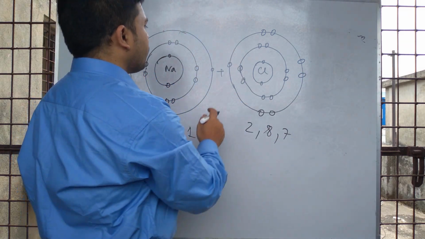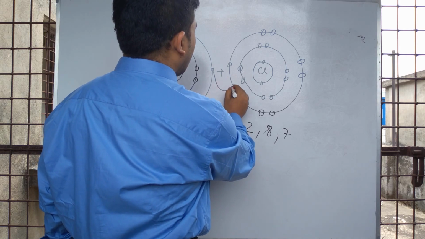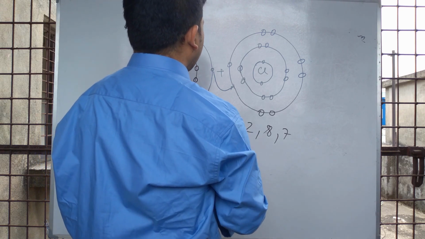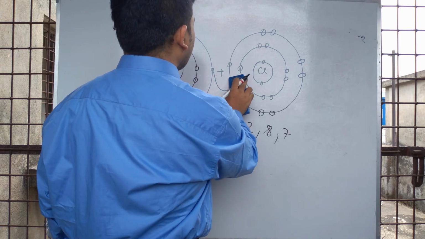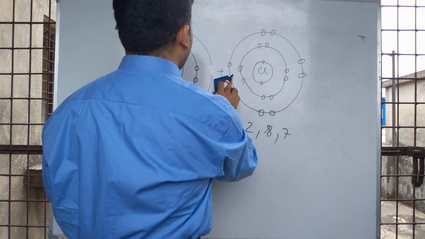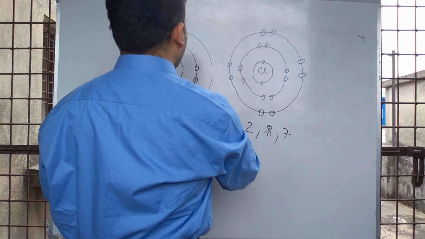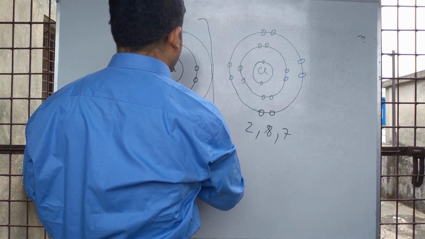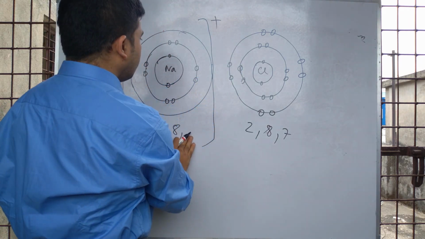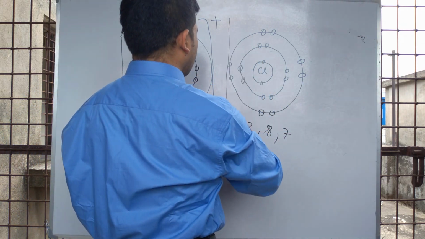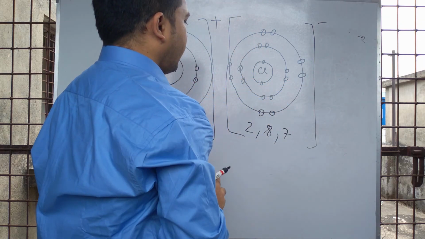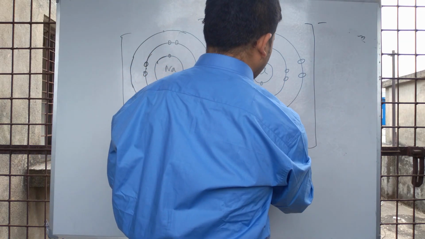So what will happen here? This 1 electron will come to chlorine. So the new species is formed where this one and this one, one loses an electron and forms a positive charge, and this one gains an electron and forms a negative charge.